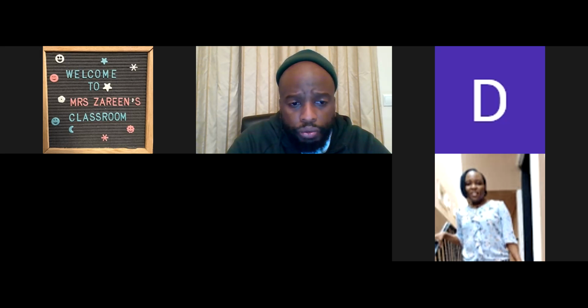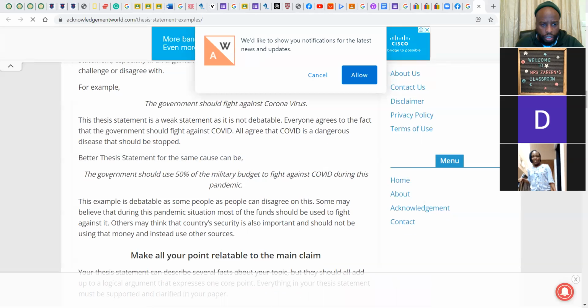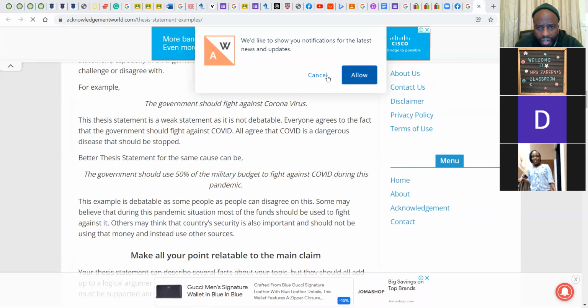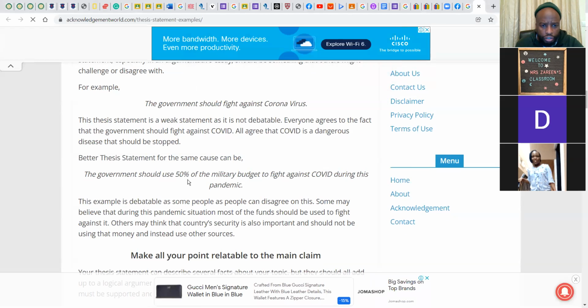Let me share the screen that I'm looking at here. So it says, the government should use 50% of the military budget to fight against COVID. I don't like the word should. I would say must. Remember, you want to be confident in your writing. The government must use 50%.